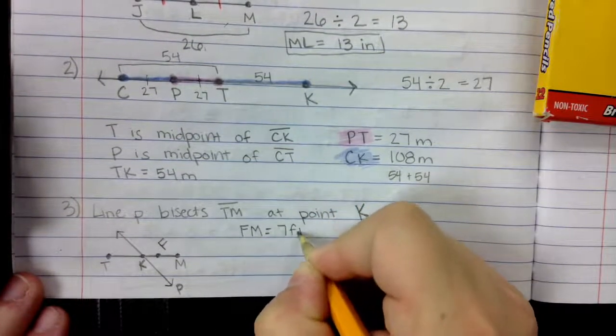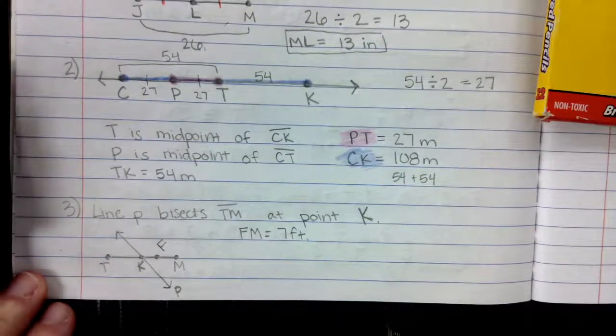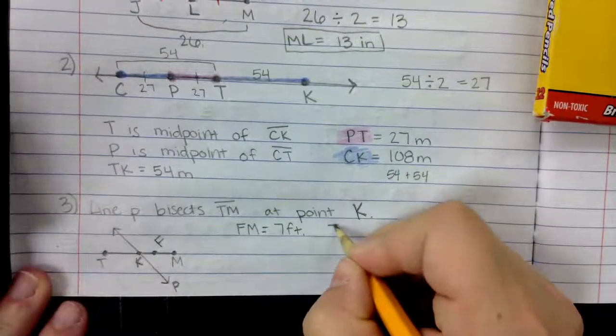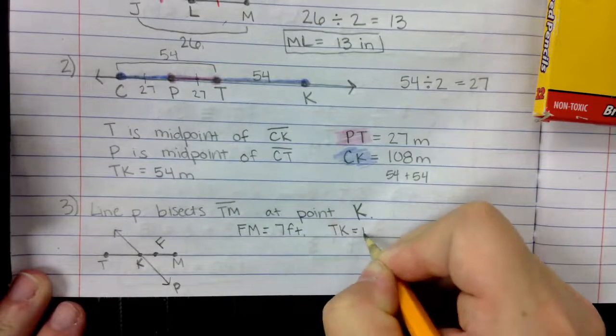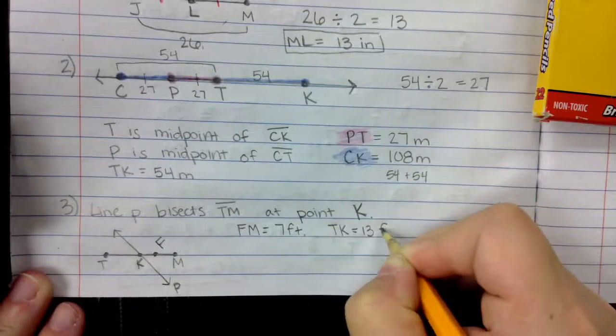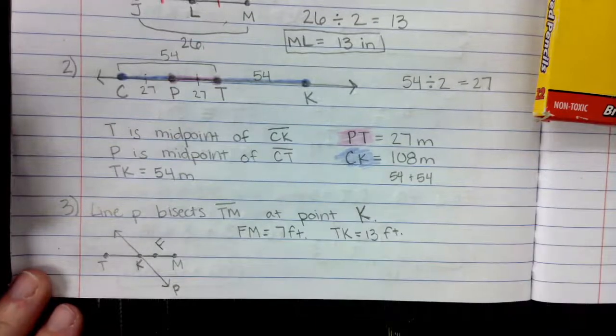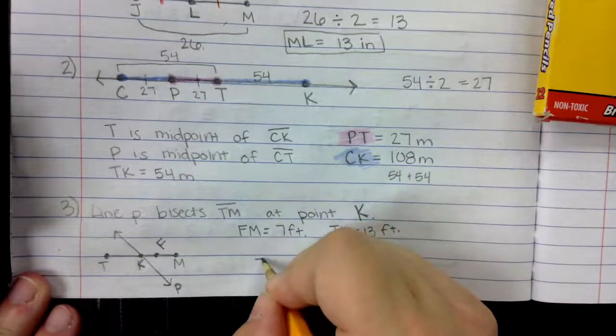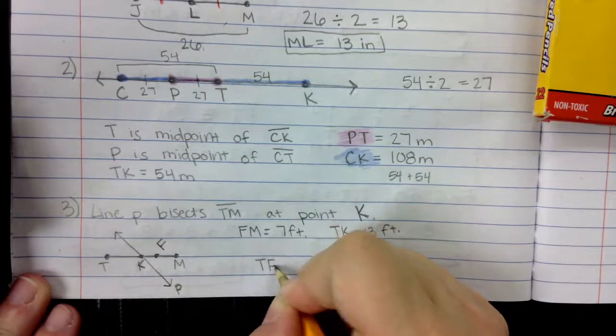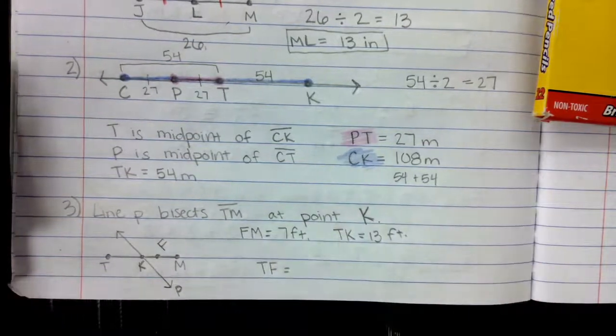We want to find that missing K to M, and then our question is actually asking us for the whole thing, that T to F. That's kind of hard to see because we've got red and orange there together. But we need parts of this puzzle in order to find all those pieces.